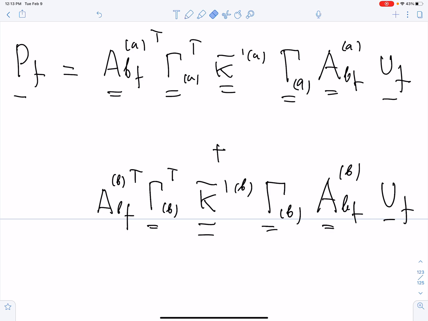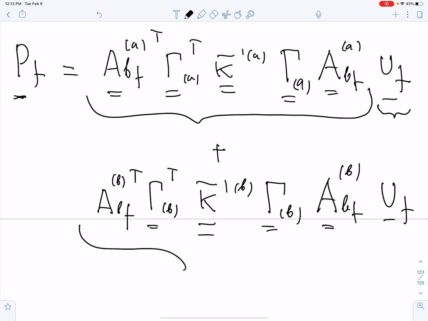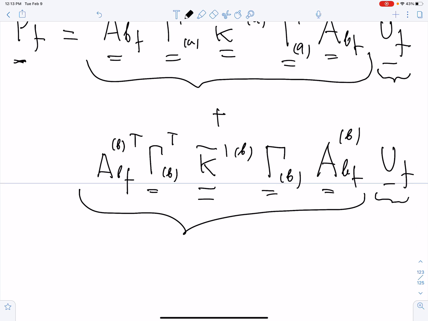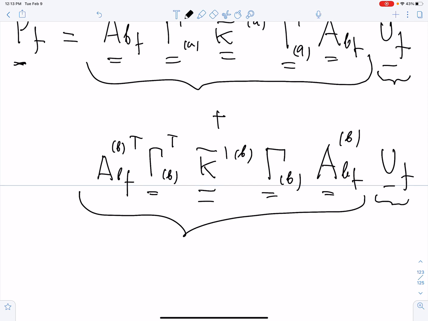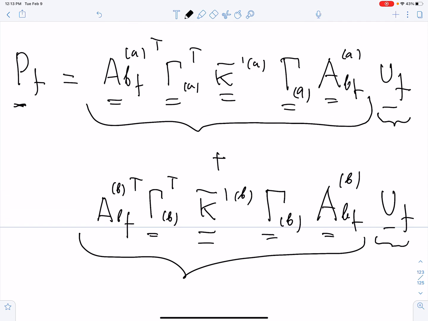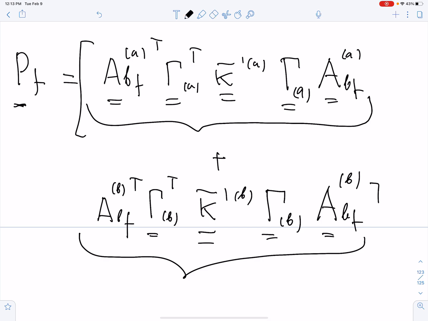And so now you can see that on the left-hand side you have the forces. Here you have this product of 5 matrices that multiplies the free displacements, the free degrees of freedom. There's another product of 5 matrices that multiplies the same thing. And so what I can do now is erase this, put a big parenthesis around this object, and put UF here.